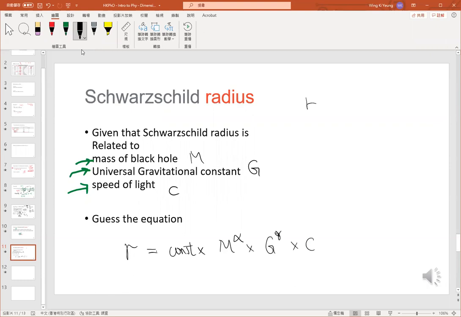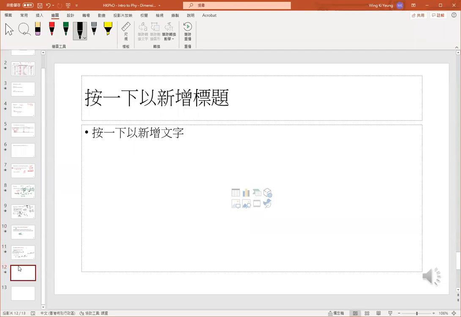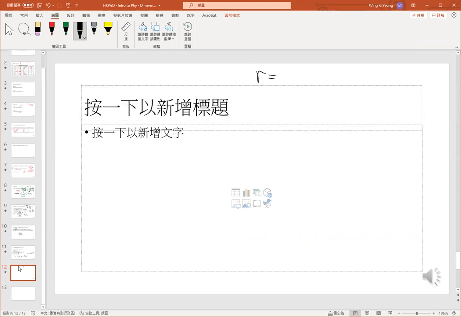Oh, sorry, it should be alpha, beta, gamma in sequence. Or you can write it as r is proportional to mass to power alpha, G to power beta, and then c to power gamma. Then we are going to use dimensional analysis to get the closed form of this formula.